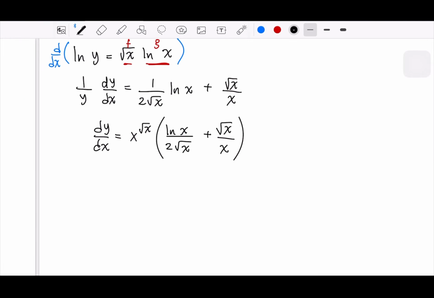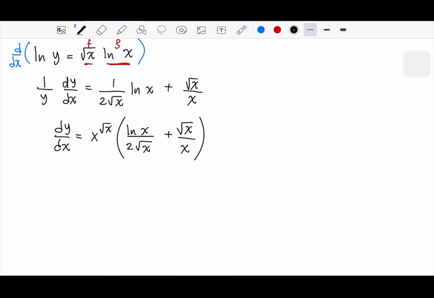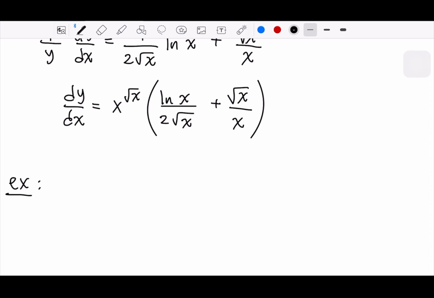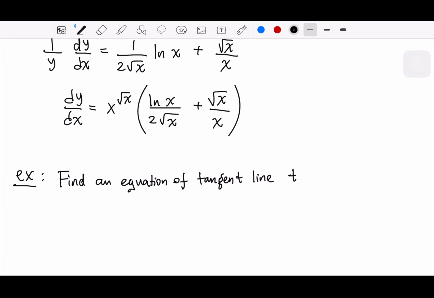Let me give you another example, and perhaps if we cannot finish by today, I will continue by next week. So let me give you another example. Find an equation. Let me give you another tangent line so you will be familiar with this. To the curve.